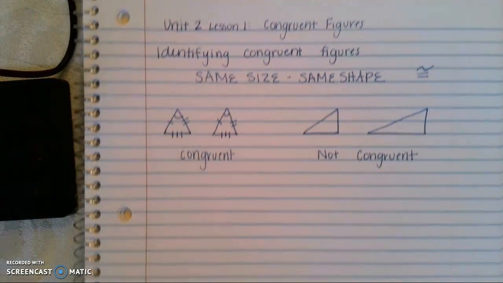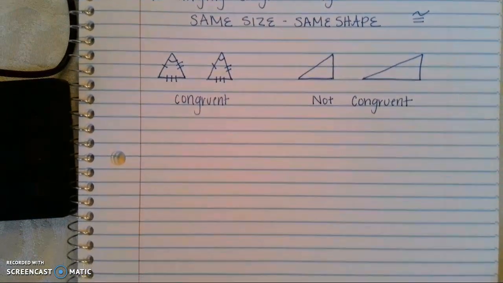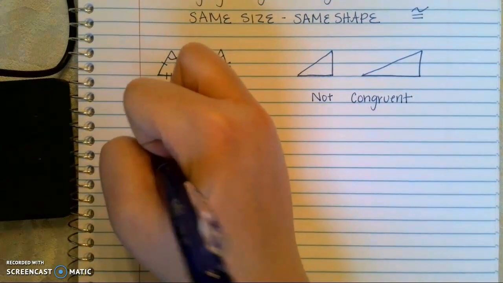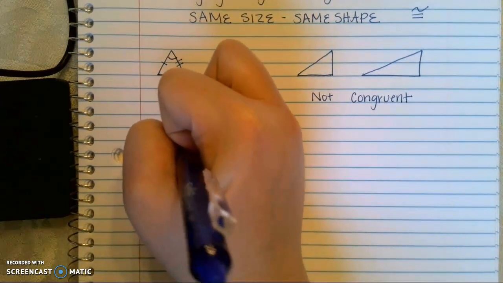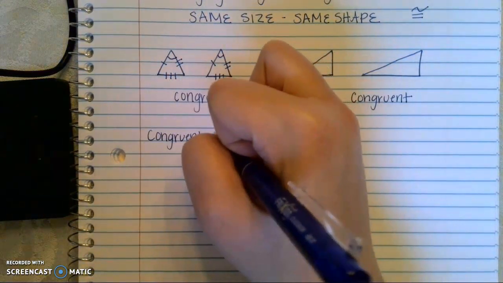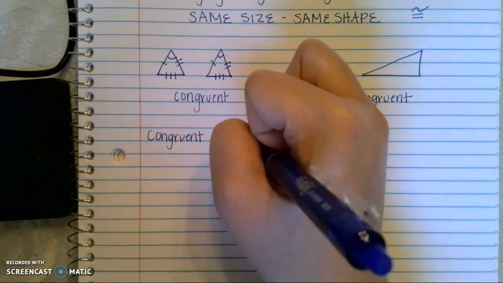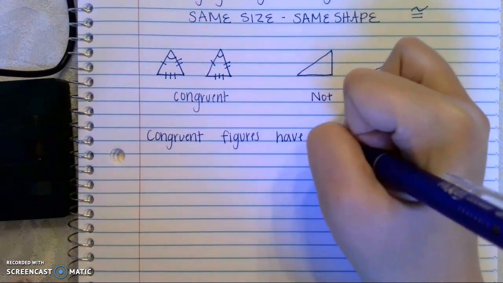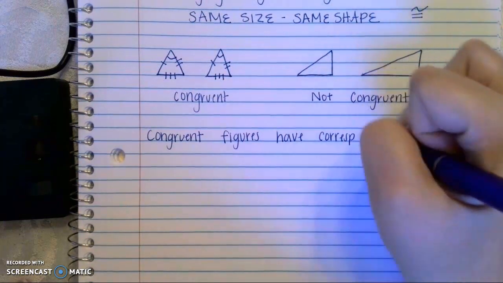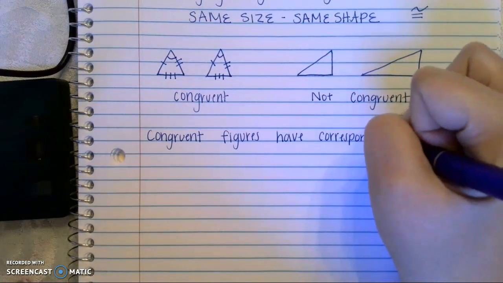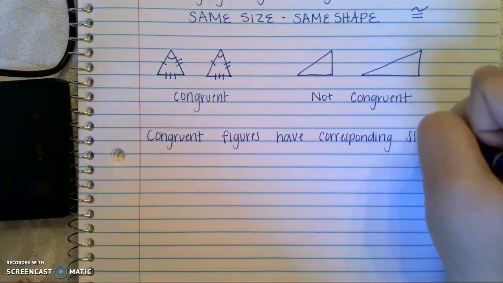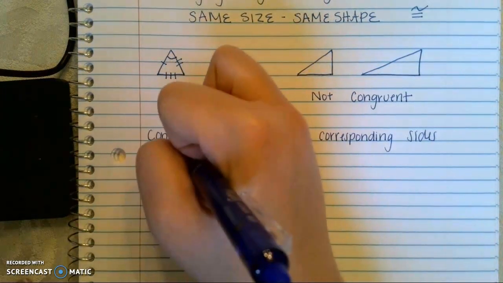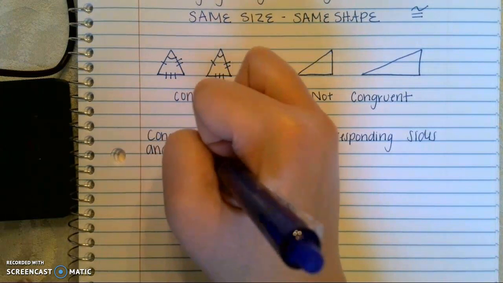Okay? So moving to the next little section. Remember, if you need to pause it, you can pause it at any time. Congruent figures have corresponding sides and angles, which are also congruent.